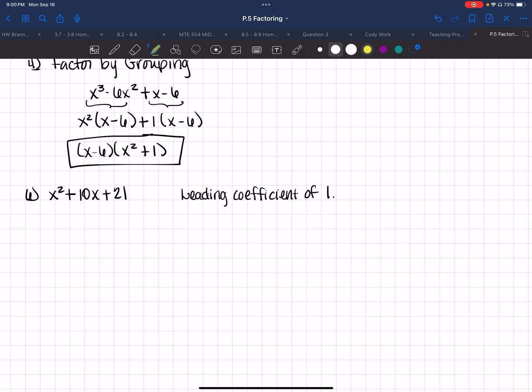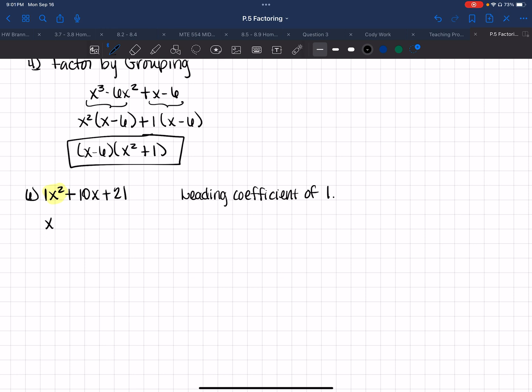So we're looking right here at this x squared, and we're asking ourselves, what is the coefficient or the number in front of x squared? Now, it's not 0, because if it was 0, then that x squared wouldn't actually exist, because 0 times anything is 0. So what times x squared gives me x squared? Well, 1. That's why we say it has a leading coefficient of 1.